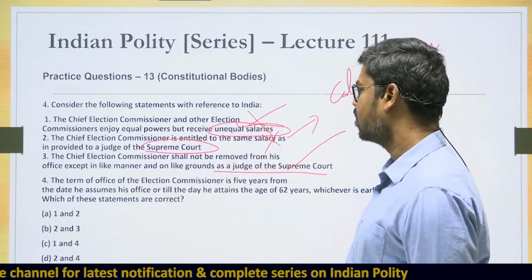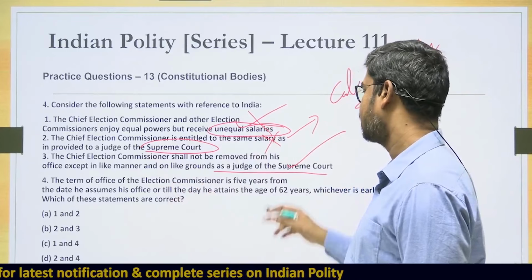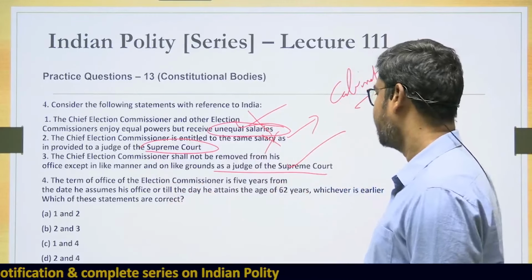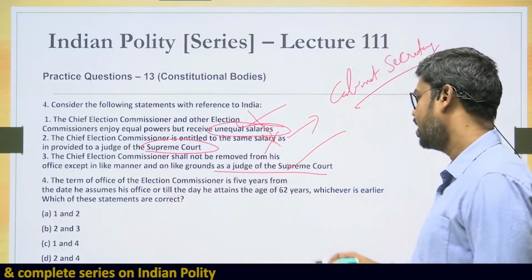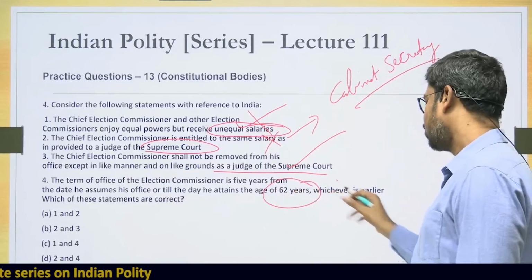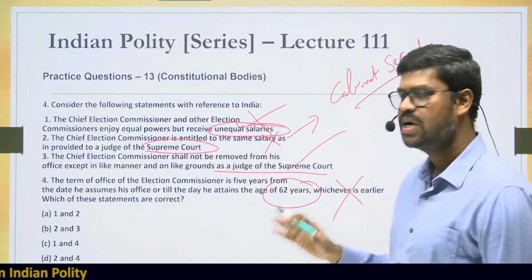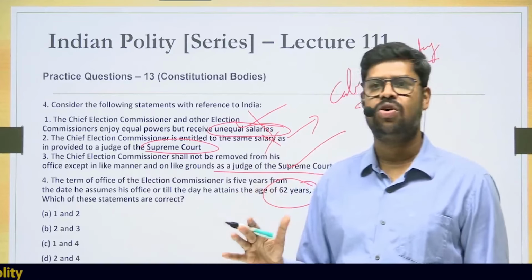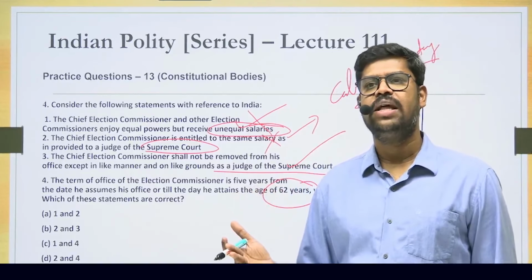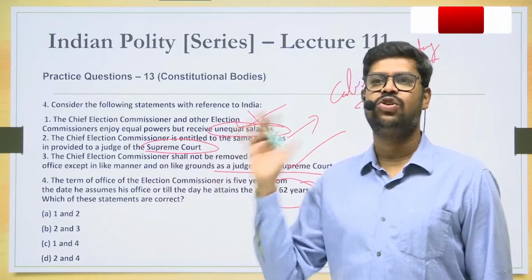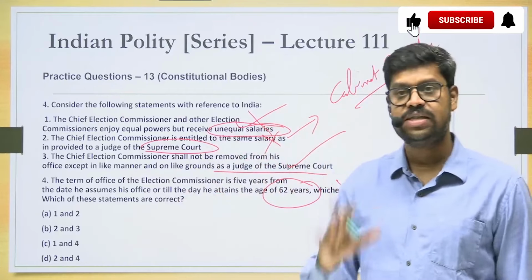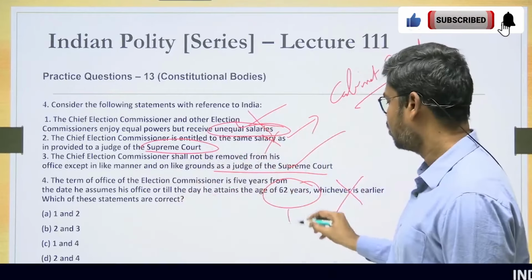Statement number 4, the term of office of the election commissioner is 5 years from the date he assumes the office or till the day he attains 62 years of age. So this is again wrong, because the term of the Chief Election Commissioner or the other election commissioners is 6 years or 62 years, whichever is early. Sorry, 6 years or 65 years and not 62 years.